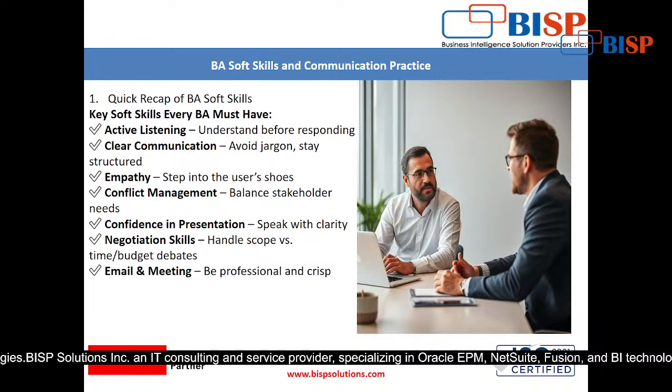Then the negotiation skills. Handle scope versus time budget debate. See what happens many times, suppose it is decided that the project is to be completed within 7 months or 1 year, maximum 1 year. Now there is a conflict. For example, the client will say that our budget is this much only, you have to complete it in this time.